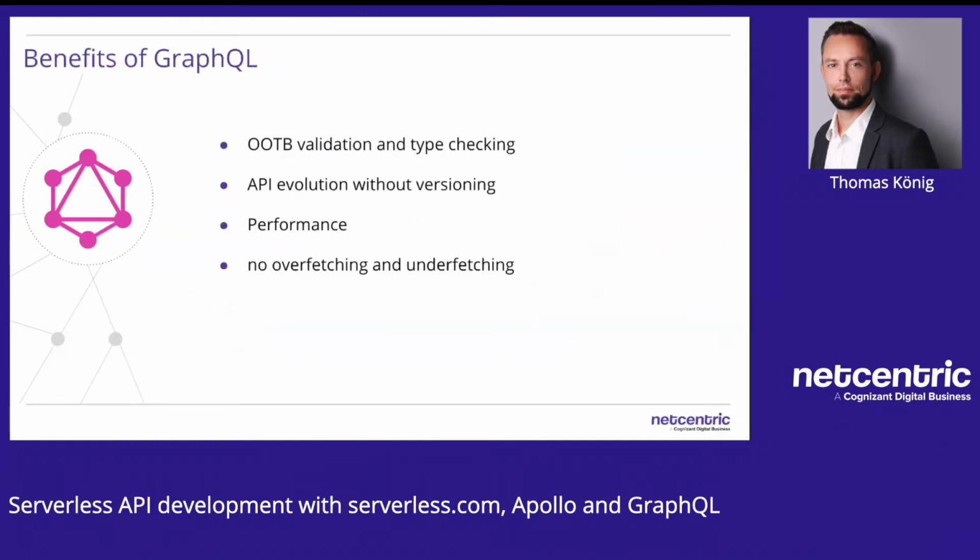So what are the benefits of GraphQL? GraphQL provides you an out-of-the-box validation and type checking tool, which is shipped with the GraphQL runtime. As I said, the runtime works based on the type system, and you do not have to validate your incoming content anymore. The runtime does this for you by validating the parameters against the types of your GraphQL API.